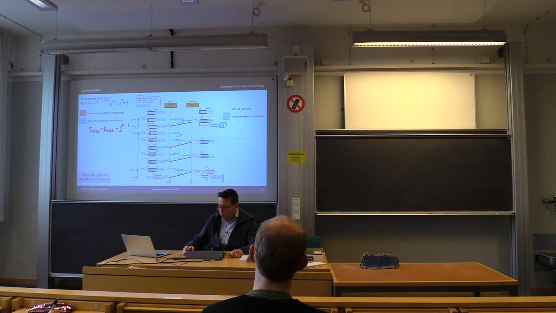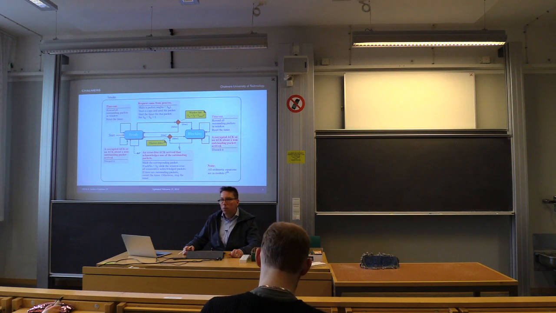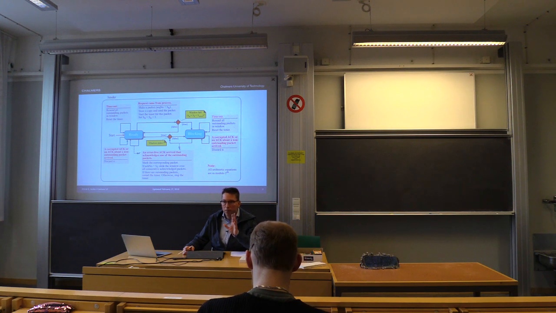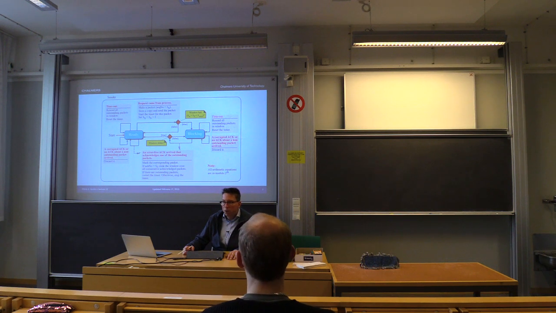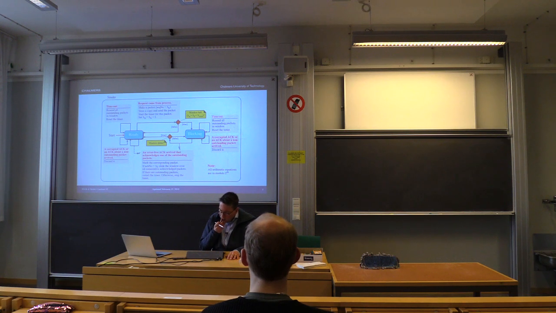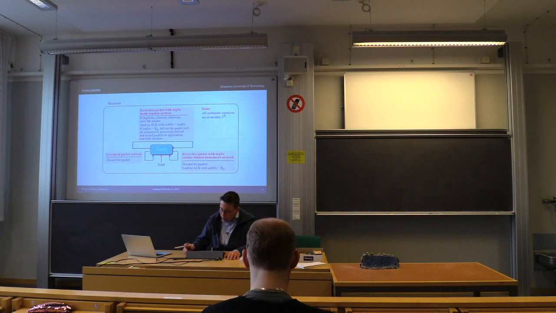Okay, good. If one wants to look at this in a state diagram, a finite state machine diagram instead, one can look at this. I had one problem that I looked at, which was at the receiving end. Let's see what it says here.